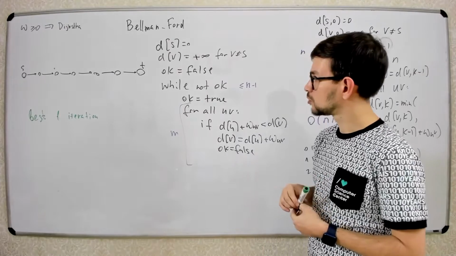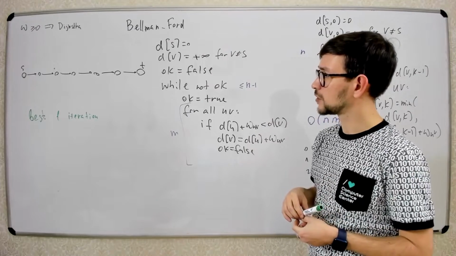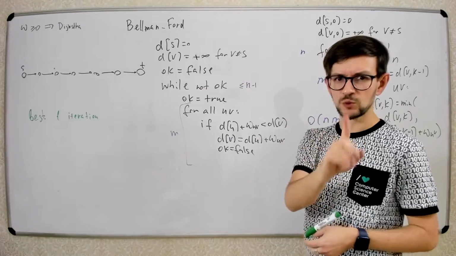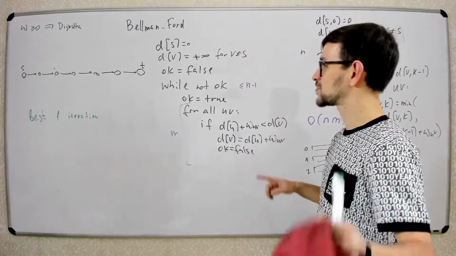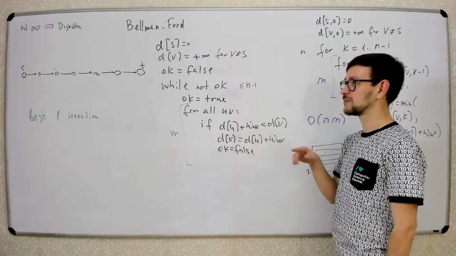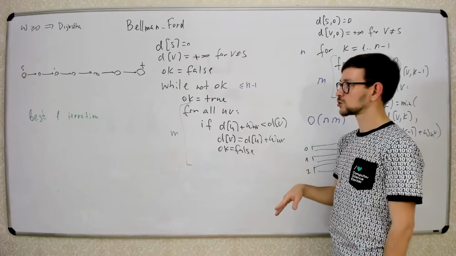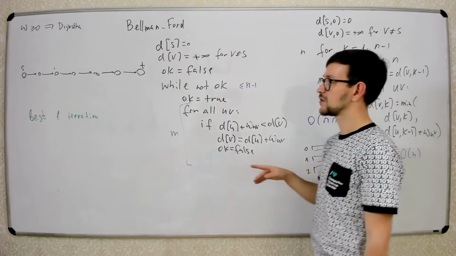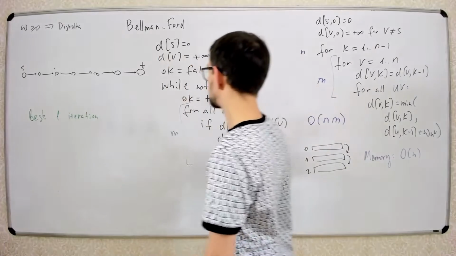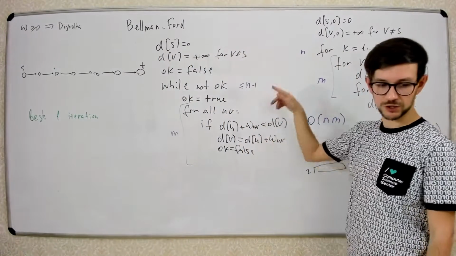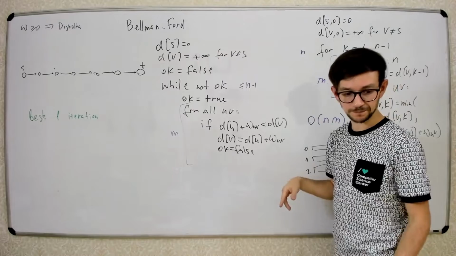If you do it in random order, we'll talk about random order in a minute. Let's talk not about random, but some very worst case. So what is the worst case for this algorithm? If we have this shortest path from S to T, is it possible that we need n-1 iterations to find the shortest path?